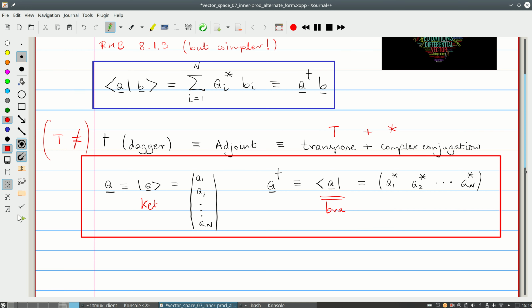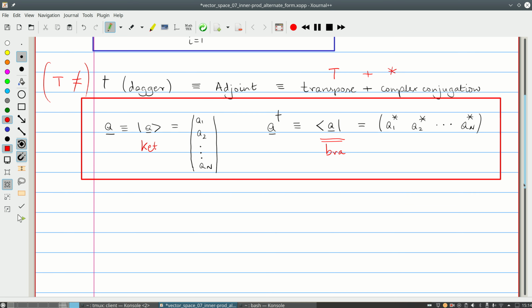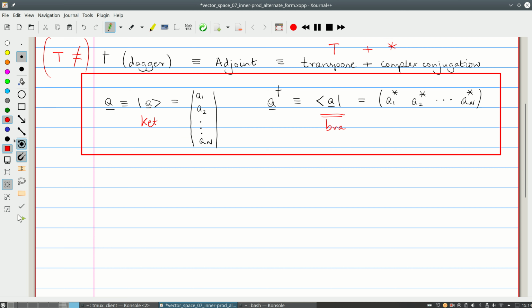Okay, so how is this useful? Well, let's see. Now let's take our inner product of A with B. And what I'm going to do now is write it in its bra-ket form, so in its column vector or row vector form.